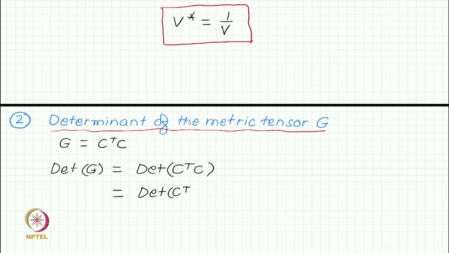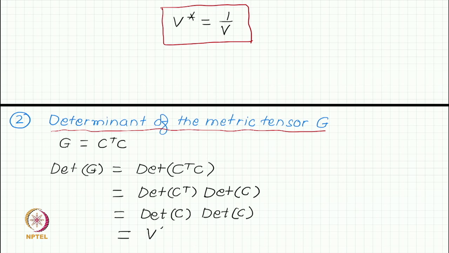So, we can write this as determinant C transpose times the determinant C, but then determinant of a transpose of a matrix is same as determinant of the matrix. Transposition does not change the determinant. So, you get determinant C times determinant C, but both are the volumes of the unit cell we have just shown.